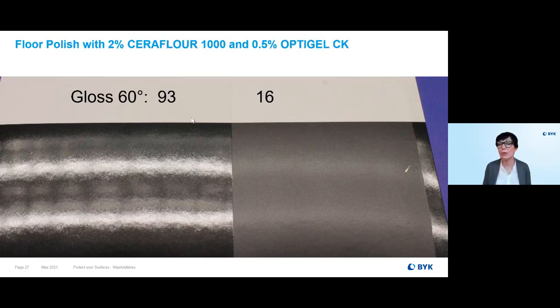And if you adjust the level of the Sera Flower, of course, you can achieve even a semi-gloss. So that might be of interest as well to avoid using PE or PP waxes and microplastic products, because even the silica will have some issues in the future.